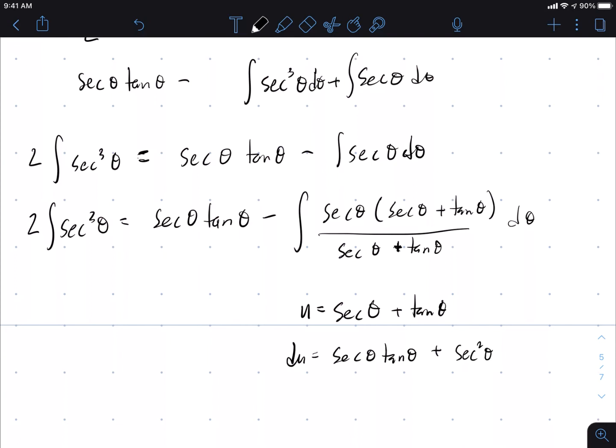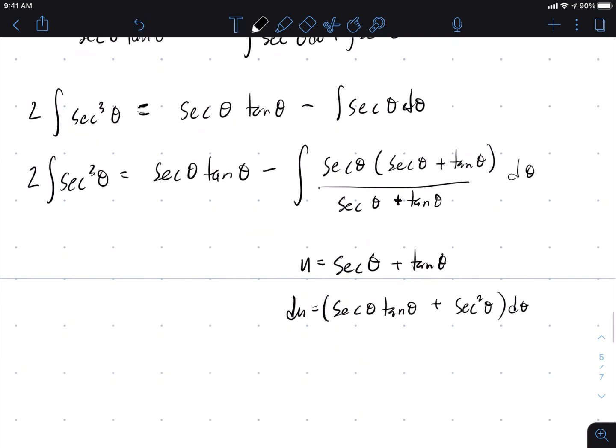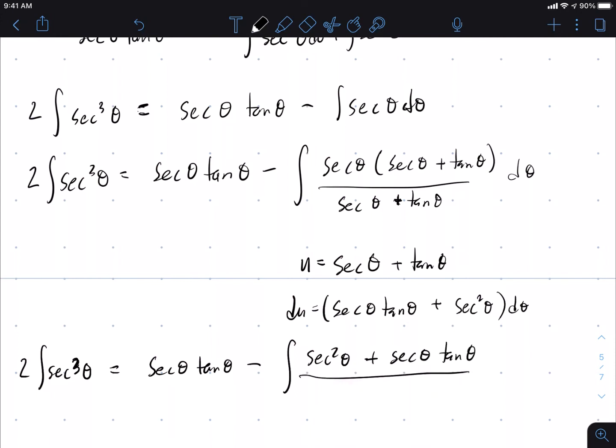Secant squared theta. Correct. So then, going back to the problem, I'm going to get 2 secant cubed theta is equal to secant theta tangent theta minus the integral, which is going to be secant squared theta plus secant theta tan theta, distributing over secant theta plus tan theta.